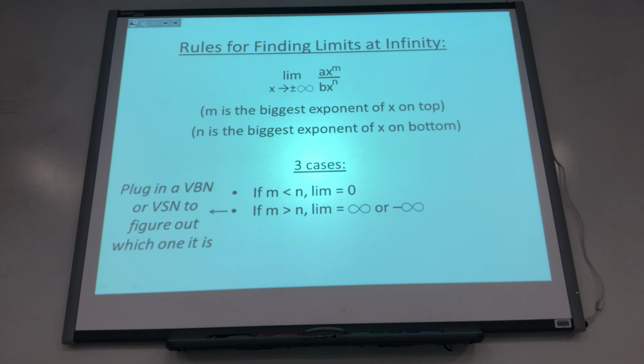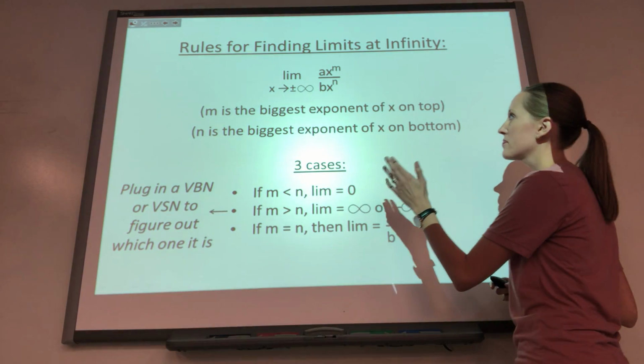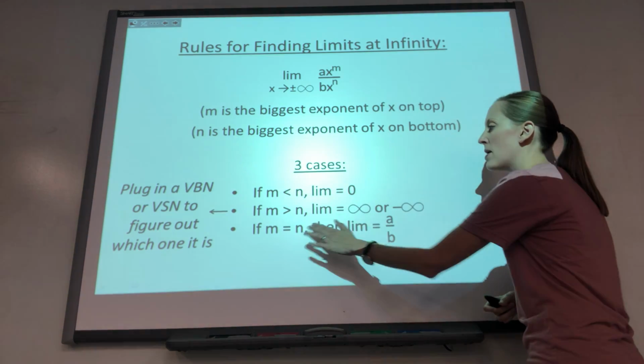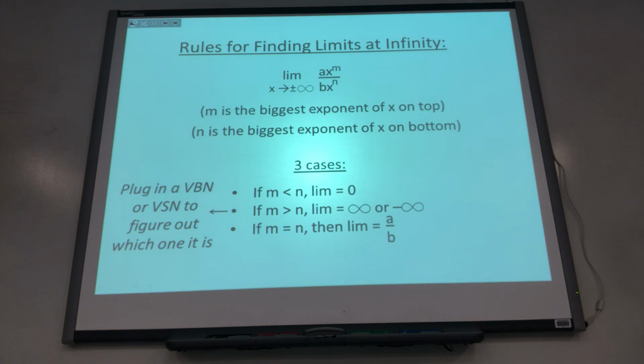Now, the only other thing that could happen here, last case, is if m equals n. So if the biggest power of x on top is the same as the biggest power of x on bottom, then the limit is going to equal a over b.